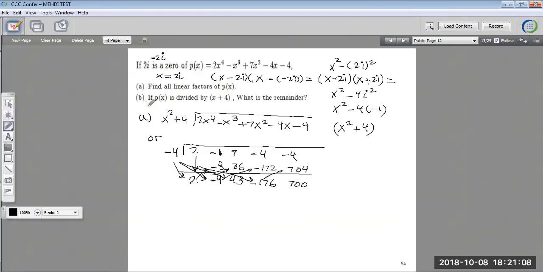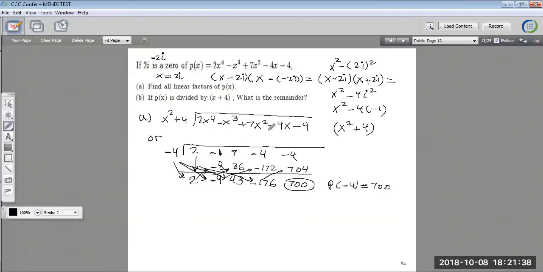It says if P of x is divided by x plus 4, what is the remainder? So the remainder would be for part B. We find P of minus 4 is equal to 700. The remainder would be 700.